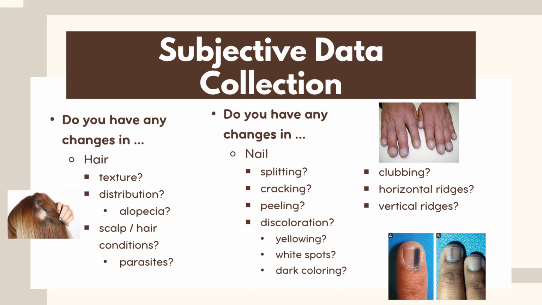Also, have they been experiencing any alopecia? That's the loss of hair. Many times it can be seen in older men, where they'll start to lose their hair peripherally on their scalp, and then it starts to move to the center, like a receding hairline.